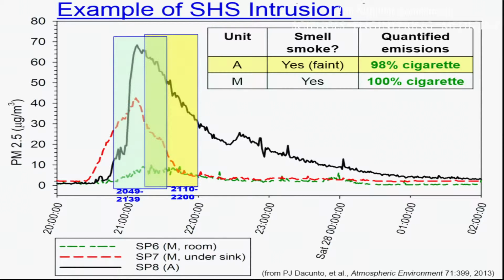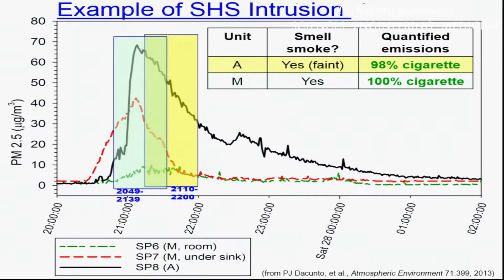And then what these measurements saw, almost simultaneously, was a great increase in the indoor particle concentrations in these two units due to this person smoking underneath. And the interest in this study was, can we prove it's smoke from cigarettes as opposed to someone burning stuff in the microwave, for example.